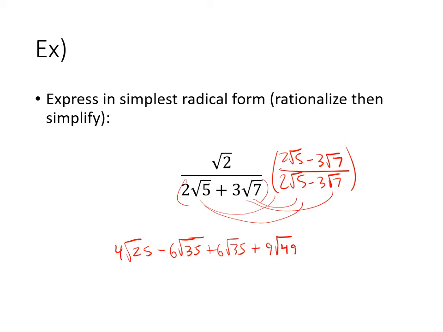So this would be 4 times 5, which is 20, minus 9 times 7, which is 63. So you would have negative 43 in the denominator here. Now, with these conjugate problems, those middle terms are always going to cancel out. So you don't have to write that as you're going through the process of solving these, because you know by multiplying by the conjugate, you're eliminating those two middle terms.